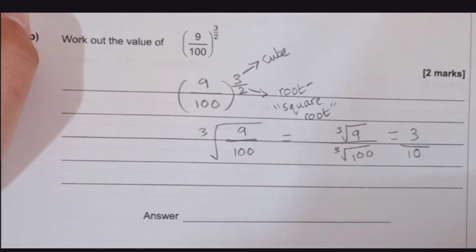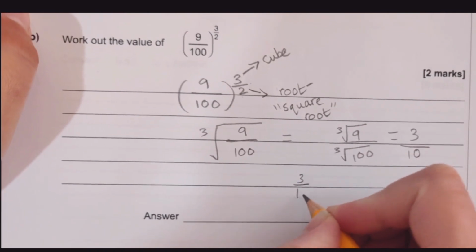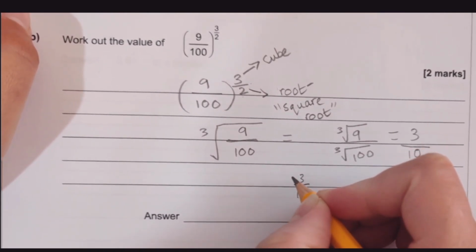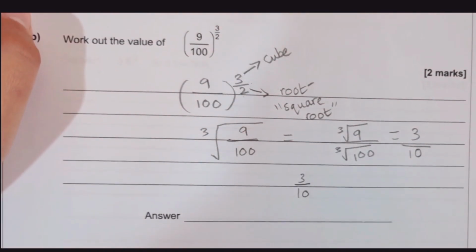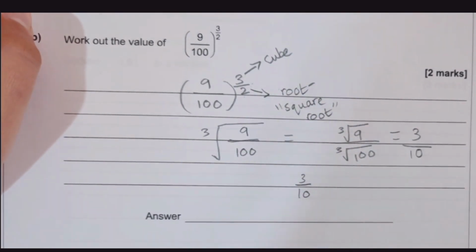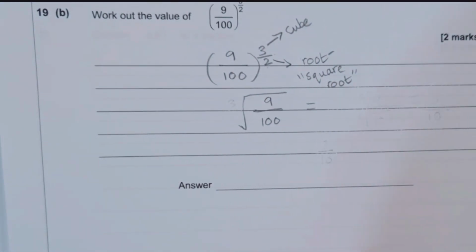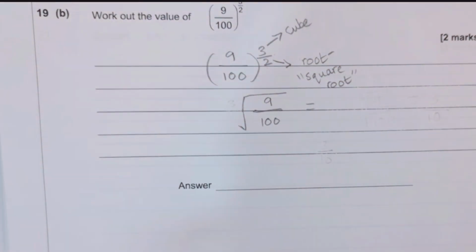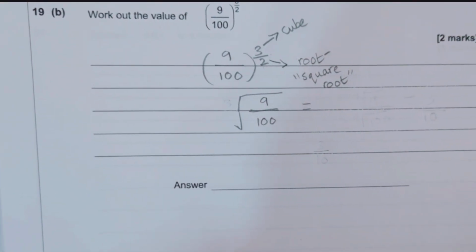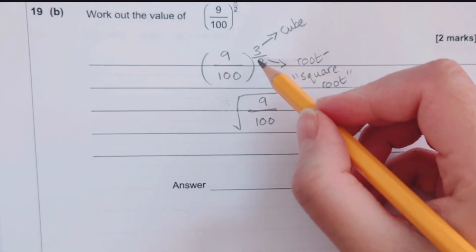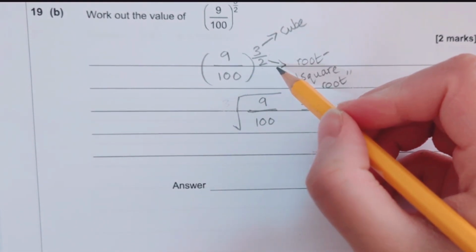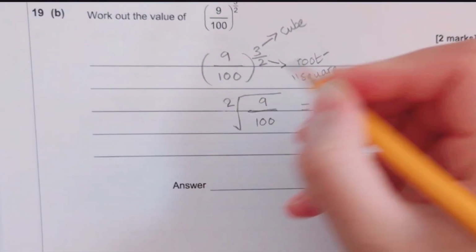Okay, so we've got 3/10, and now we've got to be remembering to... oh, did I do that wrong? Okay, so this tells us that it's okay, we all make mistakes. The important thing is that we remember to correct them at the right time. So we've actually got the square root that we're working out, not the cube root.